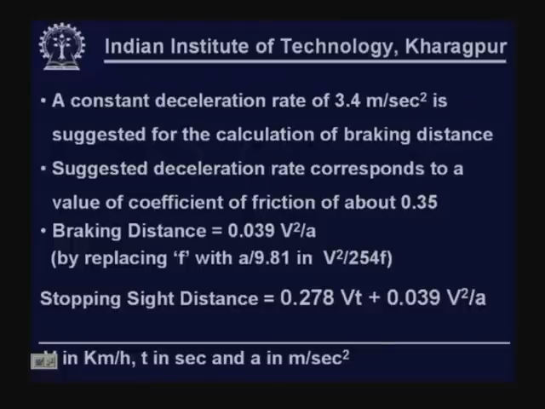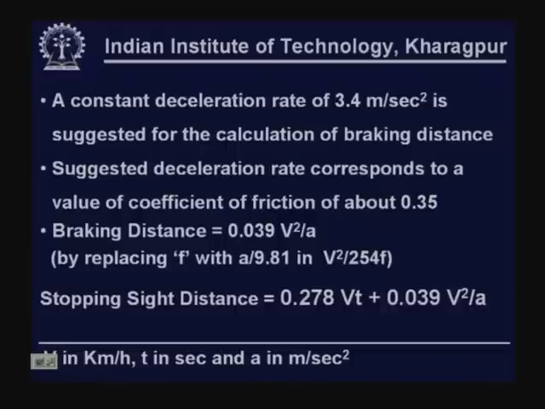So, whatever braking distance value will be obtained by considering a deceleration rate of 3.4 meter per second square, nearly same value will be obtained if the coefficient of friction is assumed as about 0.35. Using deceleration rate, the braking distance can be expressed as 0.039 v square by a, where a is the deceleration rate and v is in kilometer per hour.